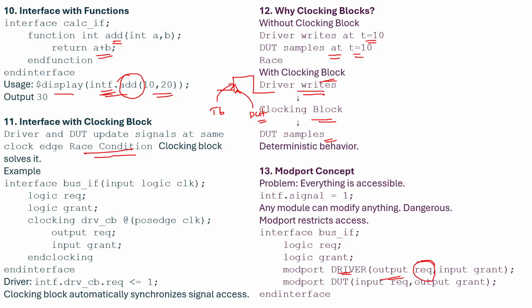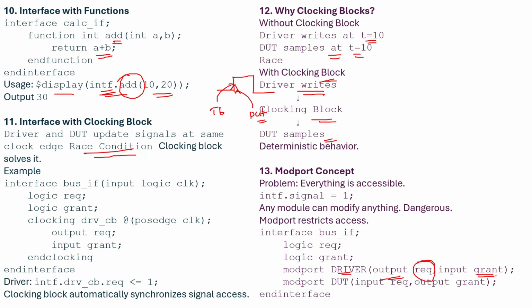We are requesting, but from the driver it will be treated as an output, because from the driver to the DUT we are driving the signal. So that is the reason request is an output and grant is an input. Who will grant that? The DUT will grant that, but DUT grant is an output. For the driver it is an input.